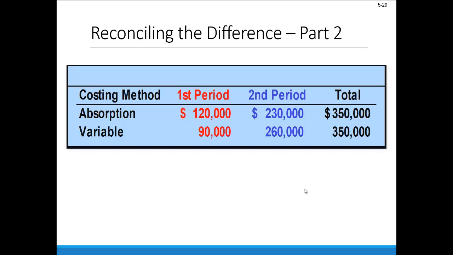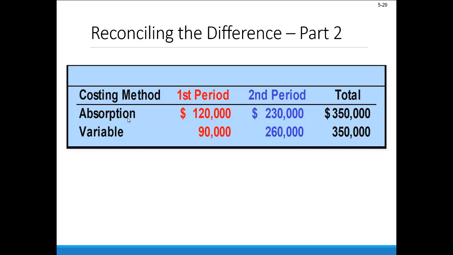Now it's worth pointing out here that over this 2-year period in our Harvey example, which was a simplified example, absorption costing and variable costing generated the same total net income. It's really only going to change timing, right? Because again, under variable costing, all the fixed overhead gets expensed in the period in which it's incurred.